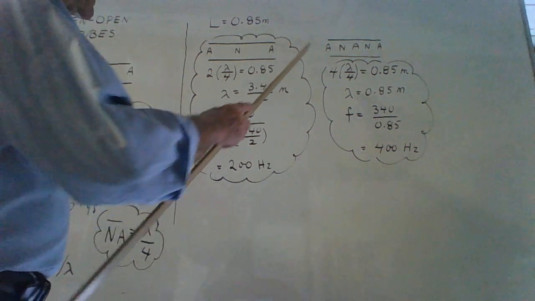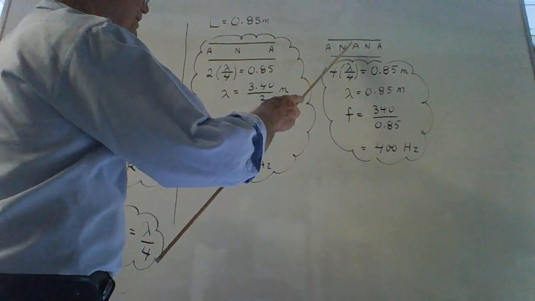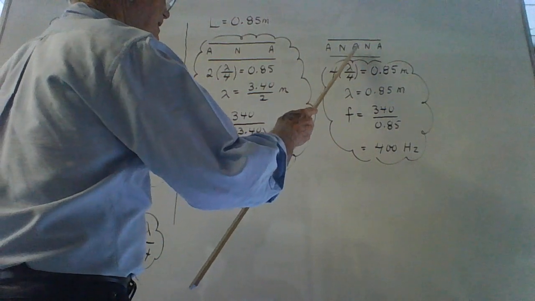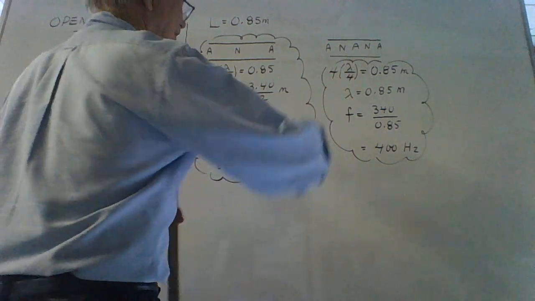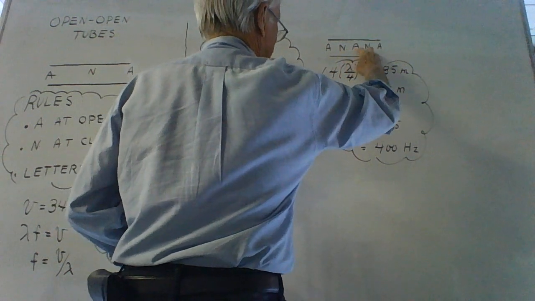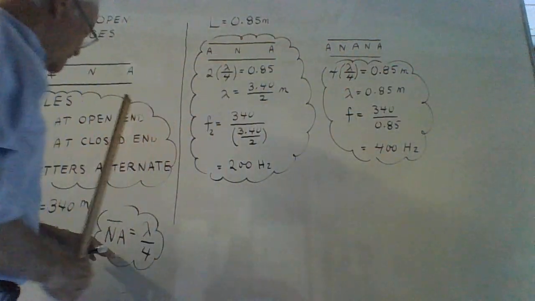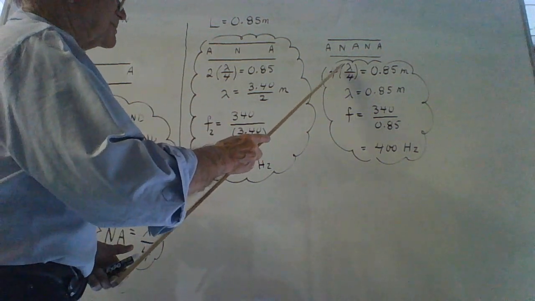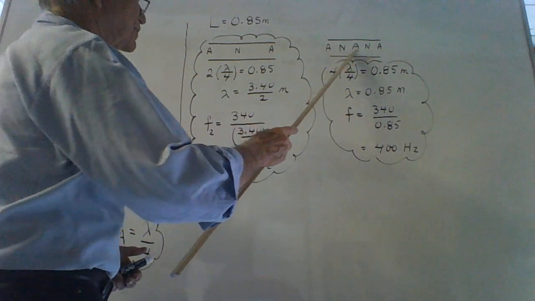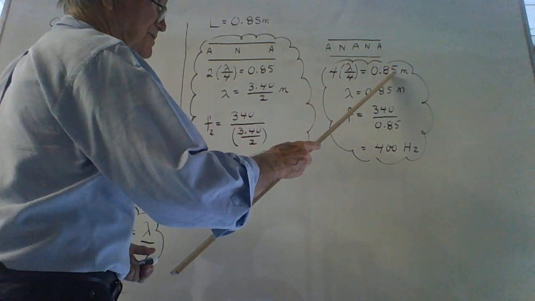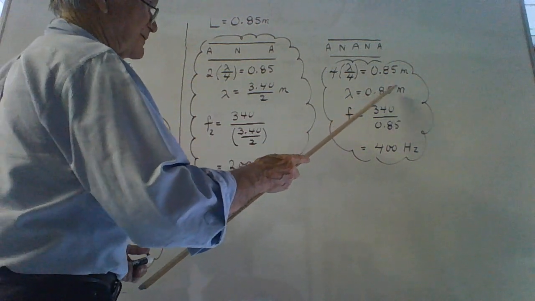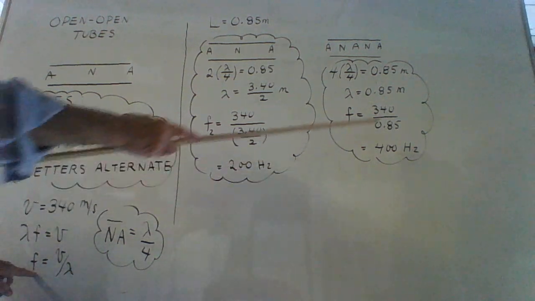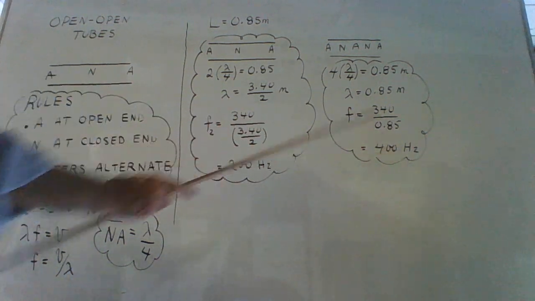Well, the next fewest letters that we can draw on this tube, A at each end, and the letters must alternate, AN, AN, A. There are 1, 2, 3, 4 of those distances, those important NA distances, each one being 1/4 lambda in width. Add them all up. 4 times 1/4 lambda must equal the length of the tube, which is still 0.85 meters. Solve this for lambda, and we have 0.85 meters. Finally, the frequency using this equation is the speed 340 over 0.85, 400 hertz.